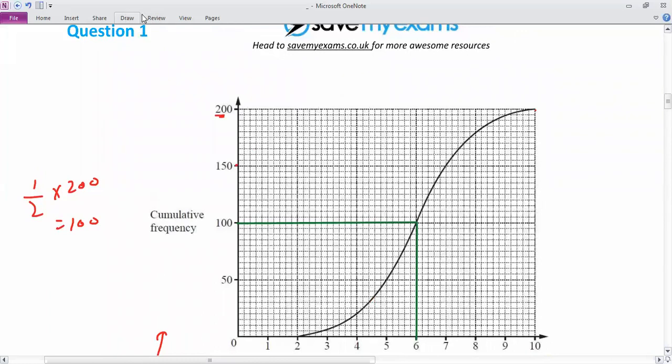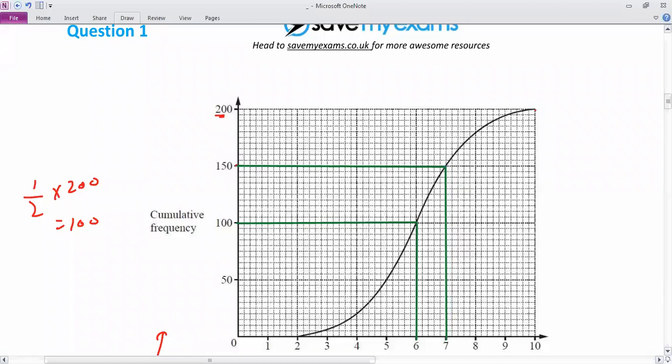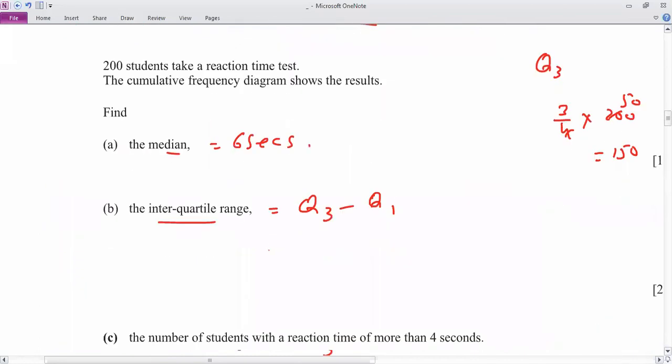From here, draw the line and come down. What is this? 7. So I would say it is 7. So Q3 is 7, minus now Q1.